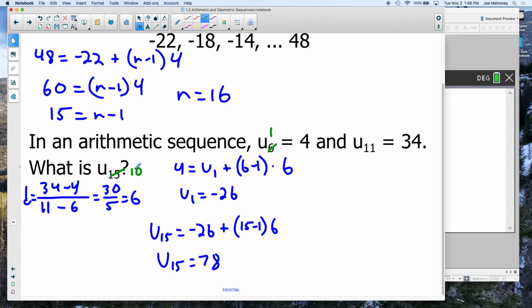And then I can solve this equation. I'm going to find my 10th term in this case. So now I'm going to pretend my first term is 4 plus 10 minus 1 times 6.